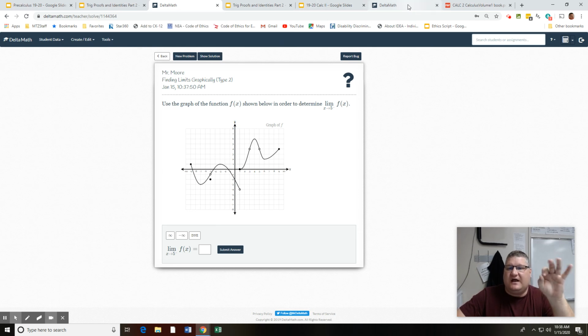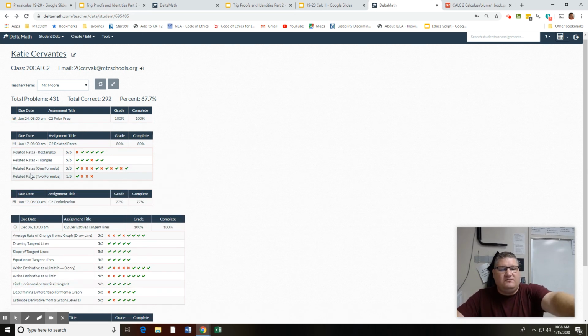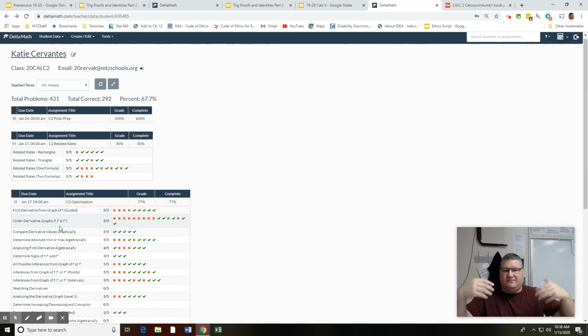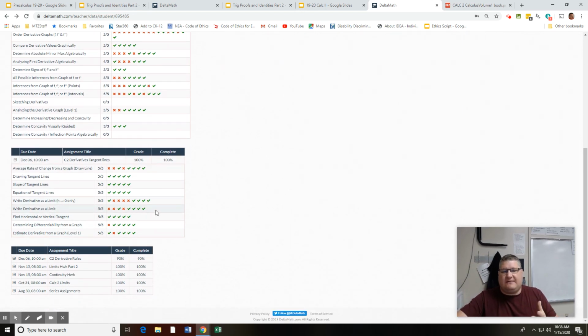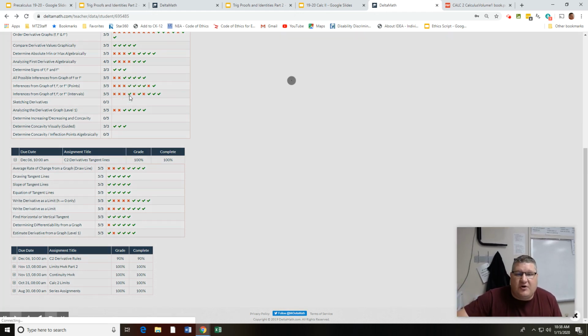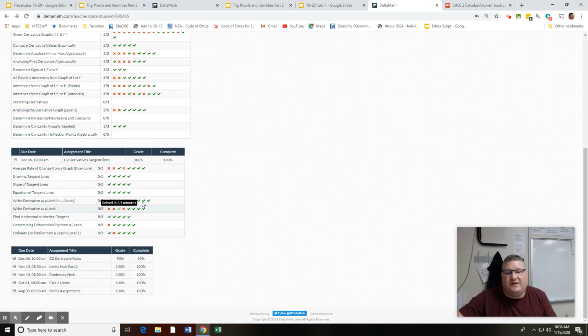The other thing that I love about Delta Math is that it gives me full detail on the student's practice. For example, I usually set my assignments as a mastery situation where I want the kids to get 5 right or 3 right, whatever it is on a particular skill. It may take them 10 problems to get right, but that's okay. They can do it over and over and over, and it generates an infinite number.